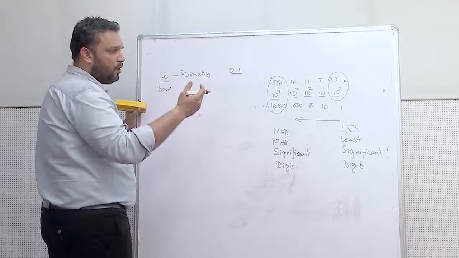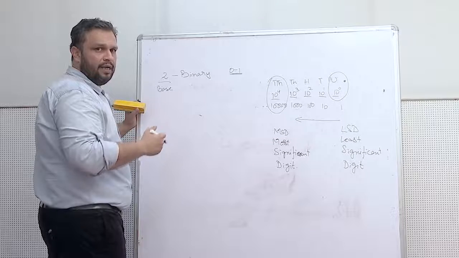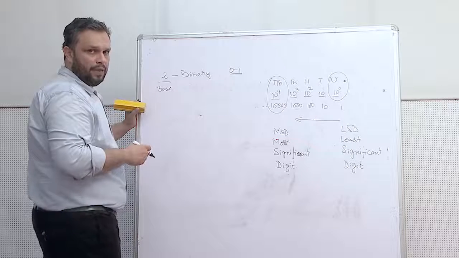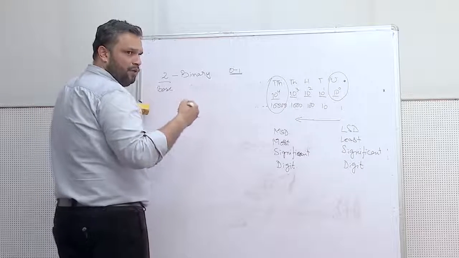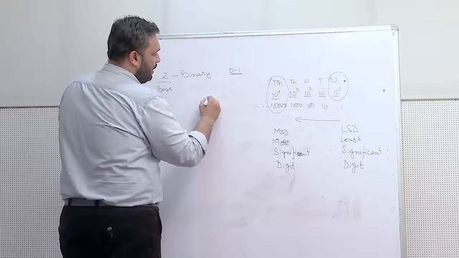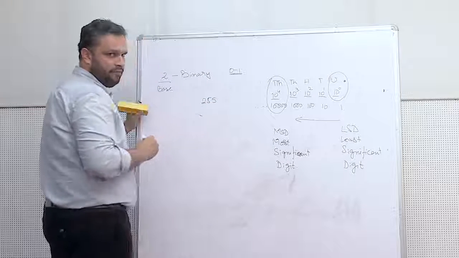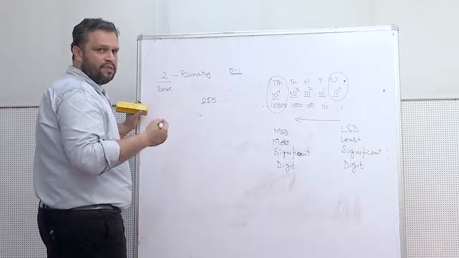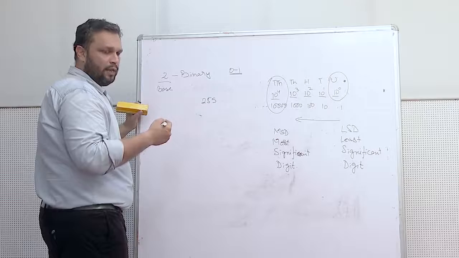So whenever I want to convert any numeric value which is written in decimal number system to a binary number value, I simply have to divide that value by base 2. Let's say I want to convert value 255 to binary. The simple process is a division process which we are going to carry out.